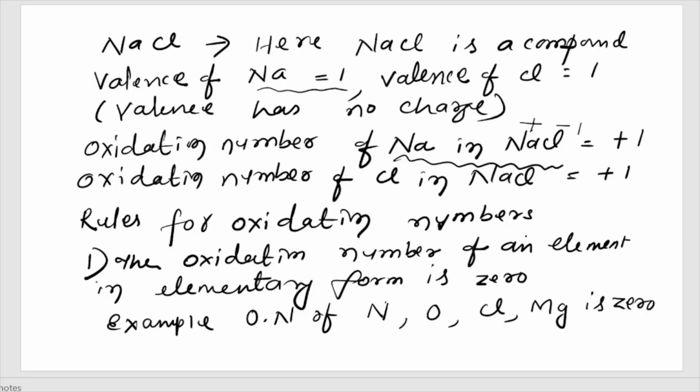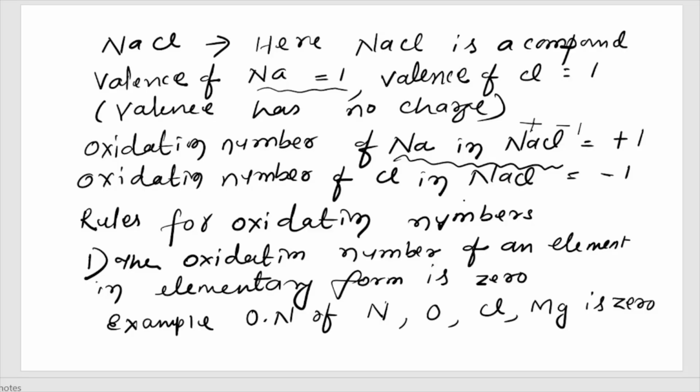Oxidation number of chlorine in NaCl should be minus 1. Chlorine will never be positive, so it should not be plus 1, that is minus 1. So what you understand? That means here sodium oxidation number is plus 1 and chlorine oxidation number is minus 1. It is in the combination state. It is in the compound state. It is not in free state.